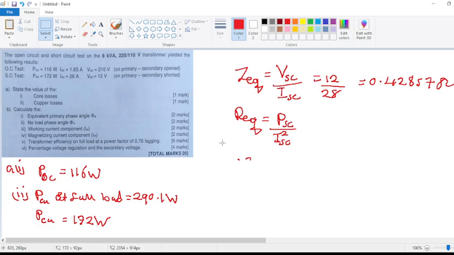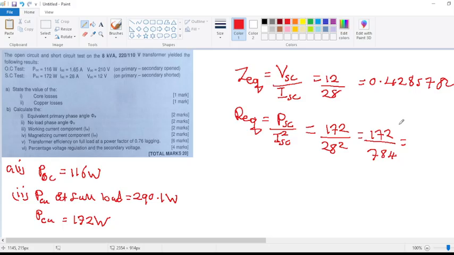The power on the short circuit side we have is 172, over the current on the short circuit, 28, squared. 28 squared gives 784.